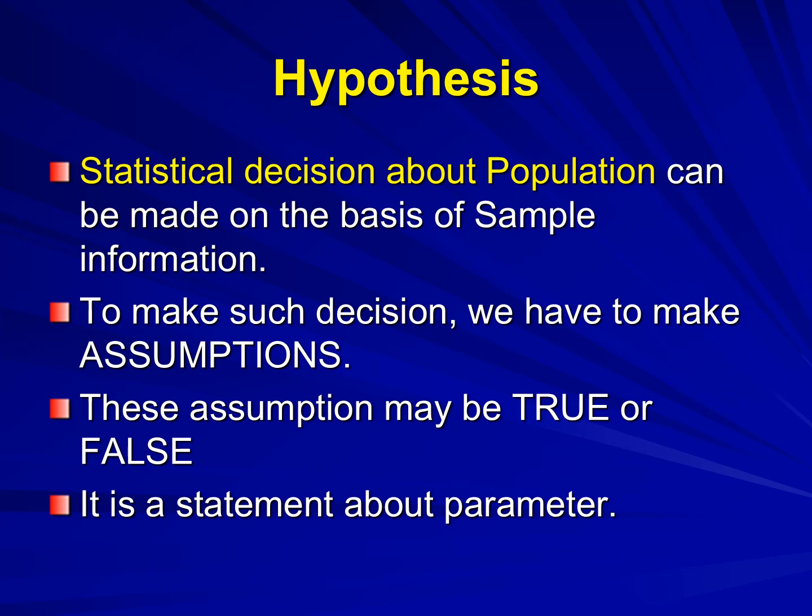To make such a decision, a final decision that smoking causes lung cancer, we have to make certain assumptions, and those assumptions may be true or false, and it is to be decided based on the sample results. So basically a hypothesis is an assumption or assumptions, and it is a statement about the parameters.